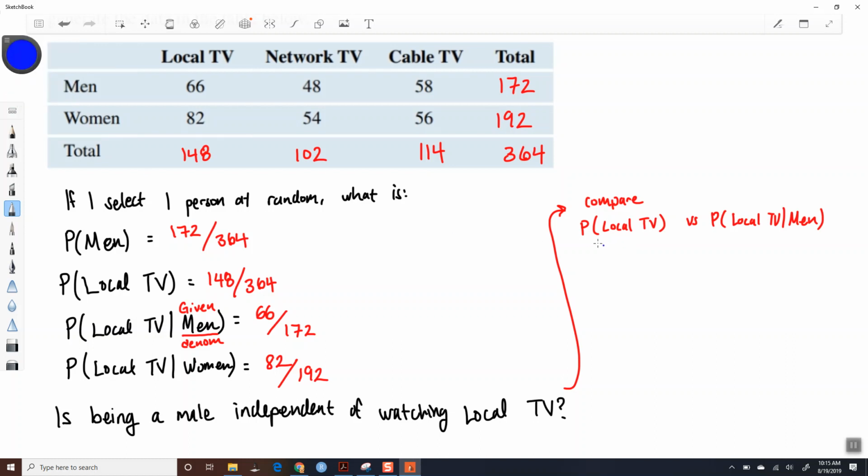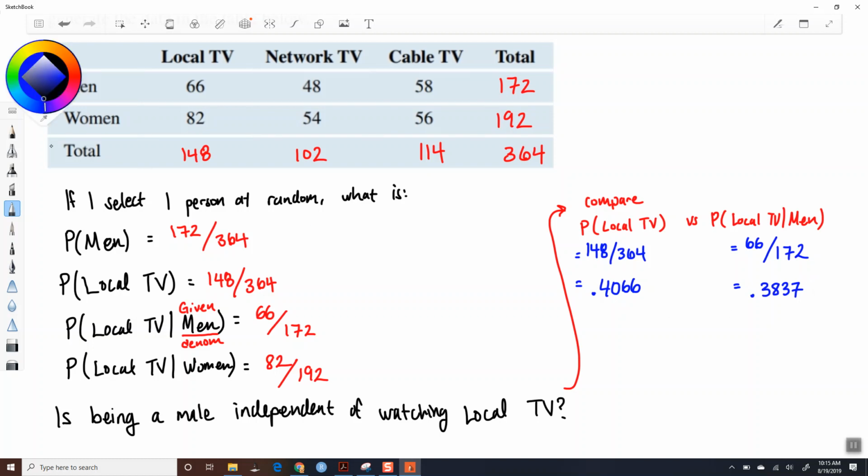Okay, so the probability of local TV is 148 divided by 364, which when I convert to decimals will be 0.4066, okay? And over here, local TV given men, 66 divided by 172, and when I convert that to decimal, I get 0.3837.